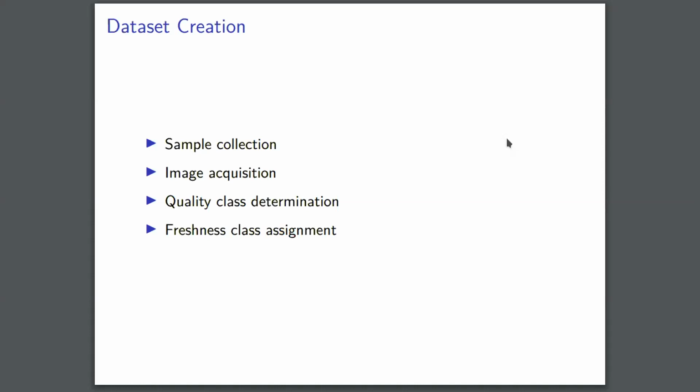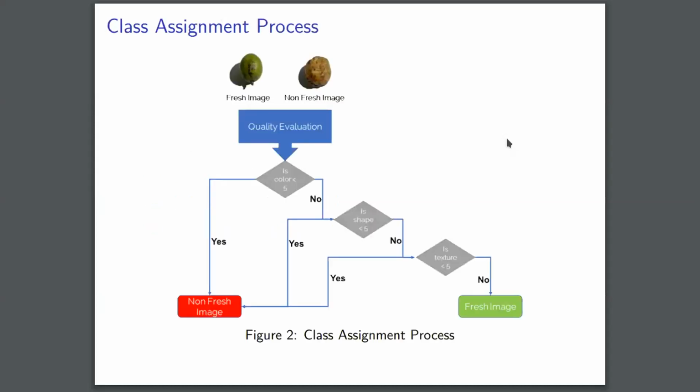We did a 70-30 split, so 70% was used for training, and 83 samples were used for testing. We also determined the quality class from the hedonic values given by the panel, and from that I give it a freshness class, whether it is fresh or not. This is done based on the hedonic values.